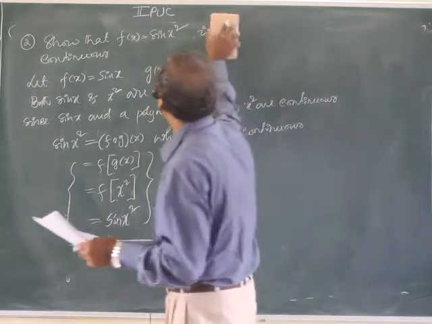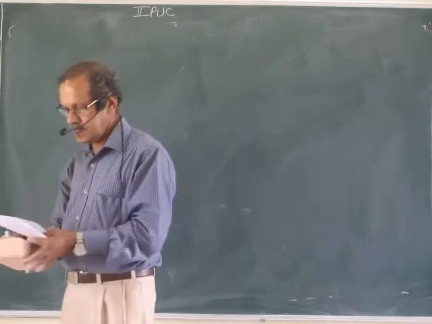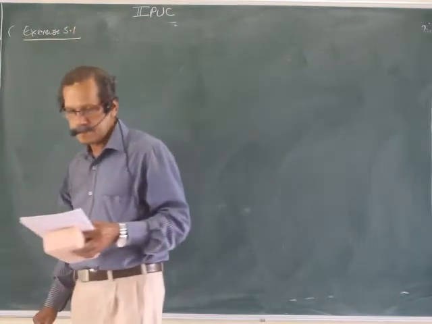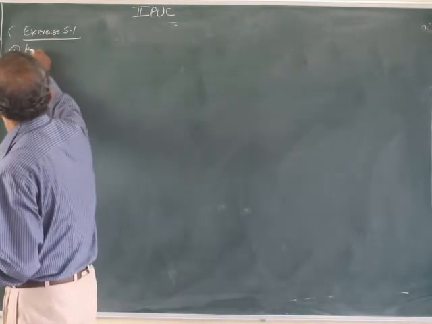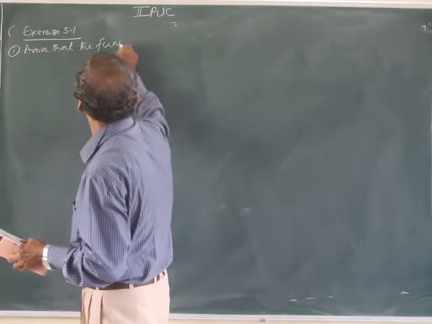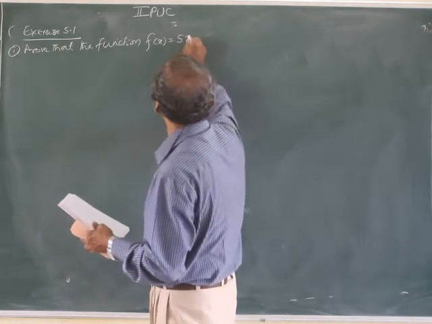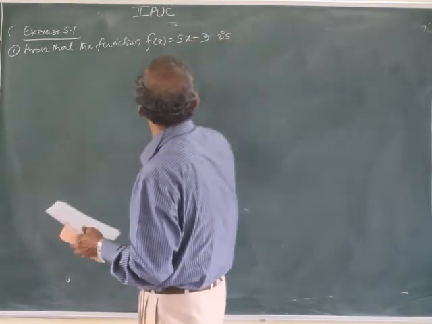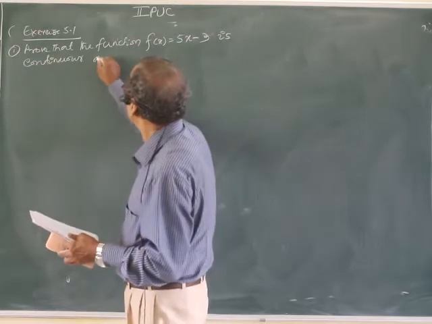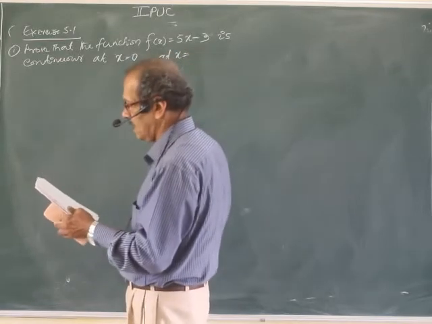Over now. Next, prove that the function f of x equal to 5x minus 3 is continuous at x equal to 0 and at x equal to minus 3.